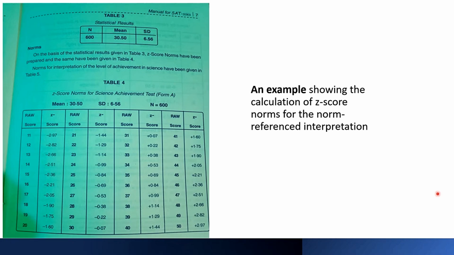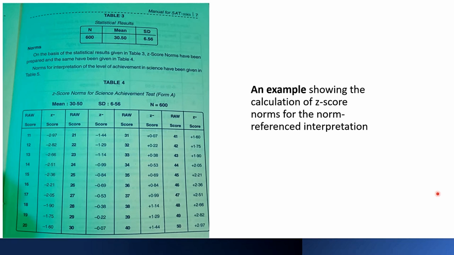The Z-score is a type of derived score. We can change the raw score into any other type of derived score. For example, we can also change the raw score into percentile ranks. Sometimes we can use T-scores, Stanine scores, and if we are using the developmental score, we can also establish grade equivalent norms.